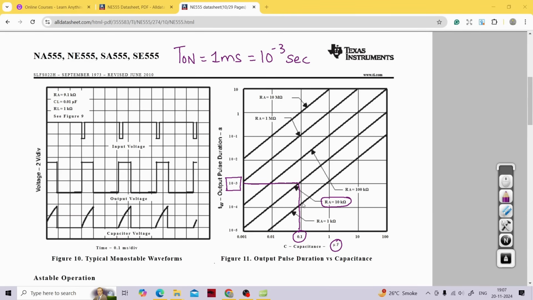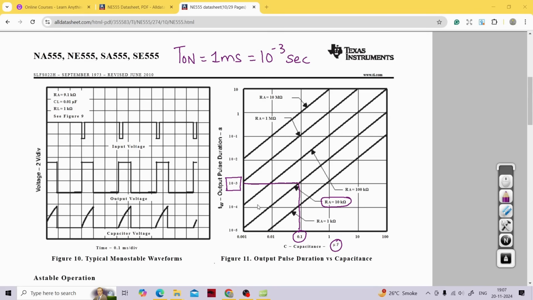So this is how we proceed whenever we deal with this kind of circuit. Most people, if you have watched this kind of video on YouTube or other platforms, directly assume, let's say, RA as 10k, and then find the value of capacitance. That value matches 0.1 microfarad.